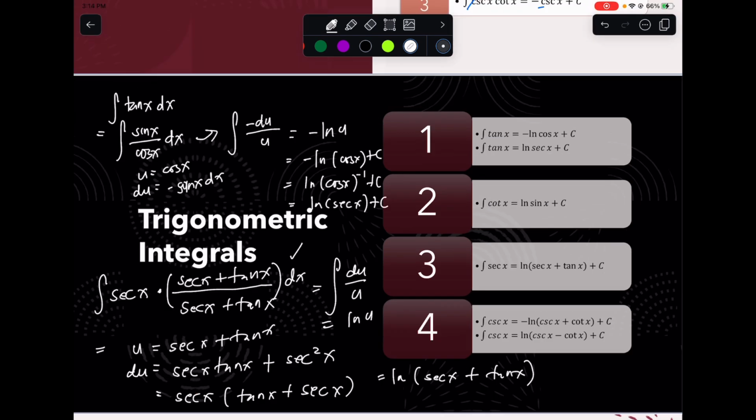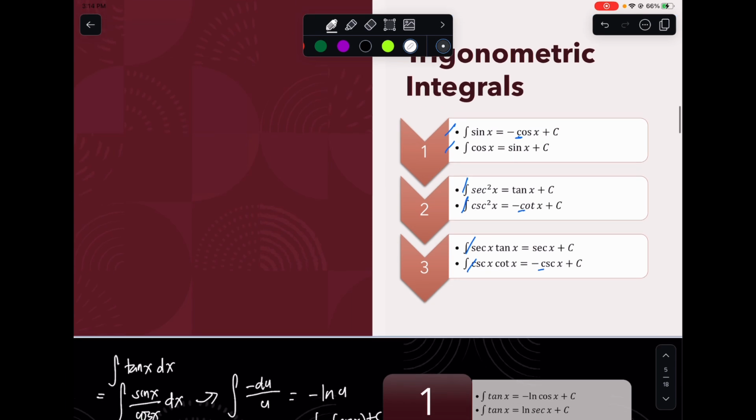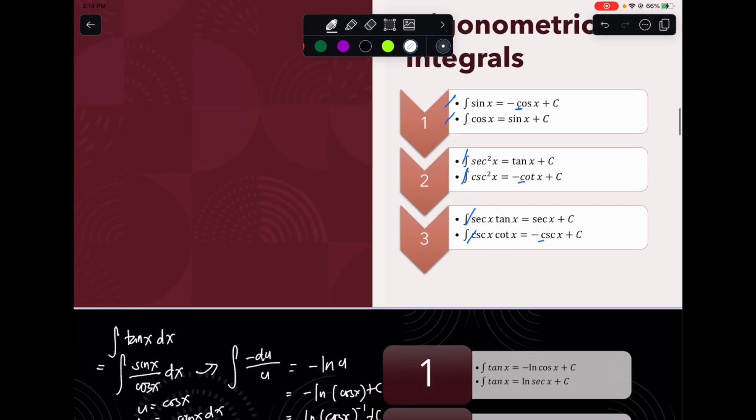So we have to remember the 10 at least, the 10 trigonometric integrals. The 6 basic trigo functions, and then the 4 cases, which are secant squared and cosecant squared, as well as secant tangent and cosecant cotangent. So there are 10 integral formulas for trigonometric functions.